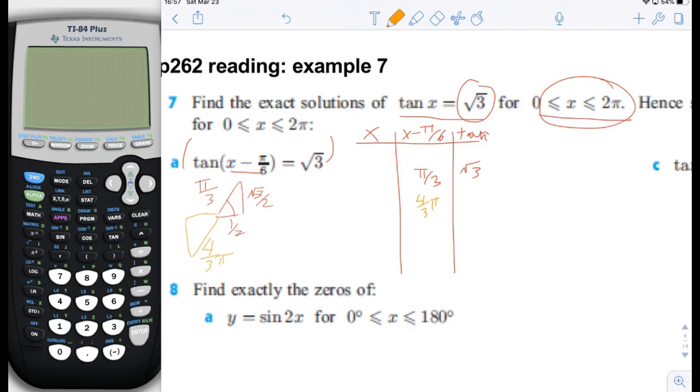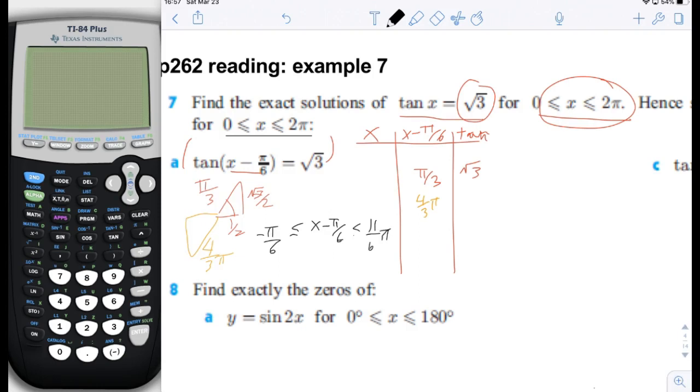And let's take a look at the domain. The domain is 0 to 2 pi. Now, for the expression, if we make the inside expression x minus pi over 6, we need to subtract pi over 6 from both the left and the right. That would give us negative pi over 6 for the left, and it would give us 12/6 pi minus pi over 6, which would be 11/6 pi for the right one.